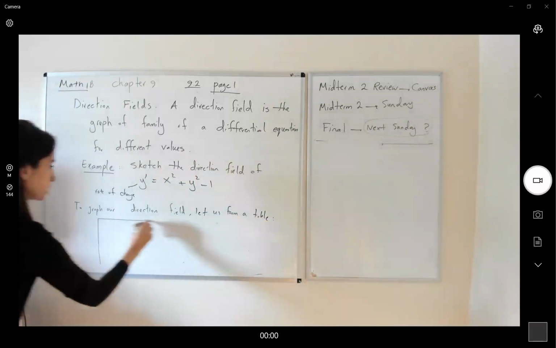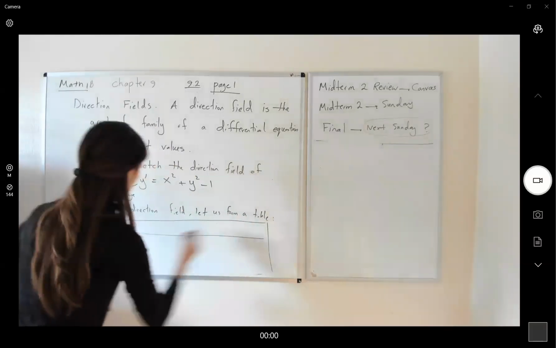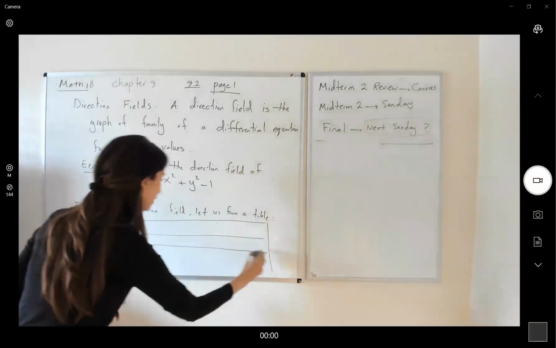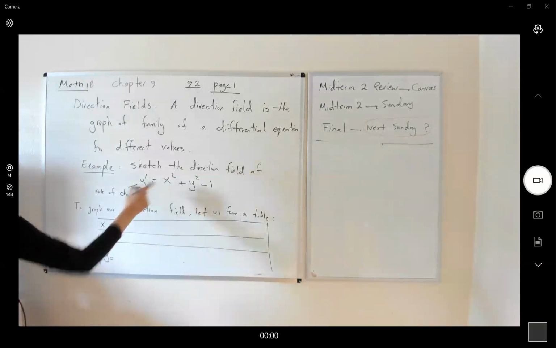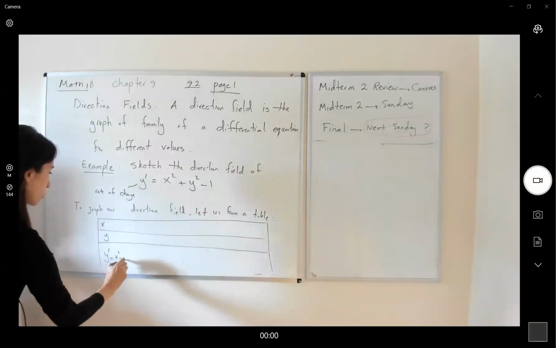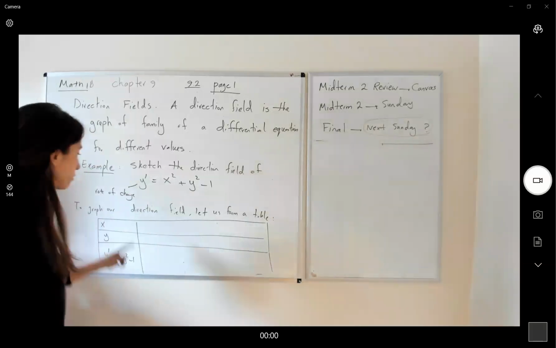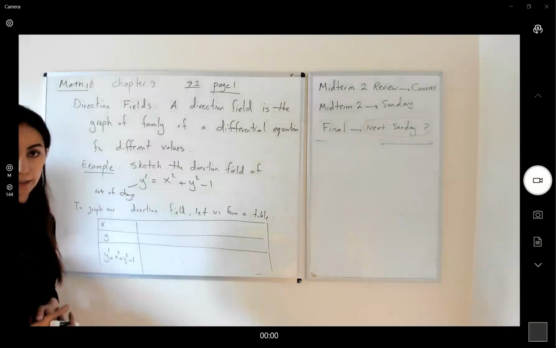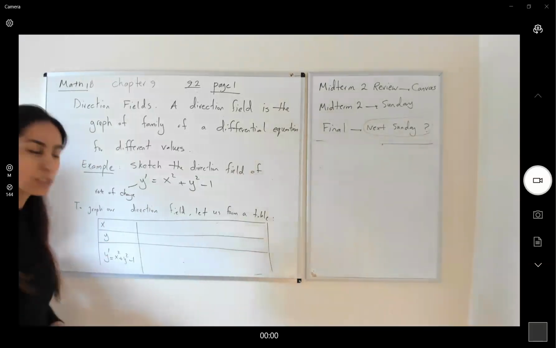For my table, I need x values, I need y values, and I want to evaluate my y prime, which is x squared plus y squared minus 1. I'm going to plug in different values for my x and y and evaluate the rate of change, or slope.